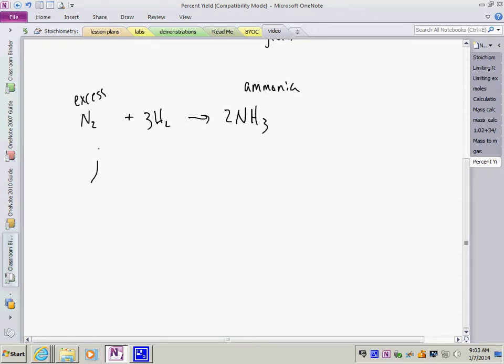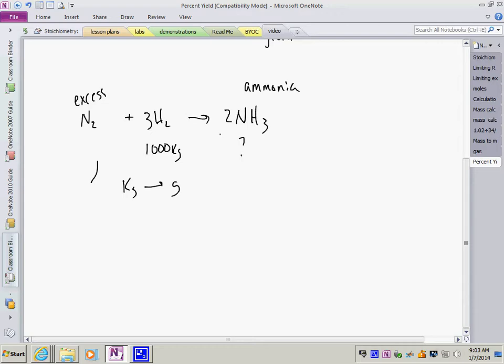Let's say we have 1,000 kilograms of hydrogen. How much am I supposed to be able to get here? My plan is to take my kilograms, flip them to grams, because this is a gram to gram ratio.